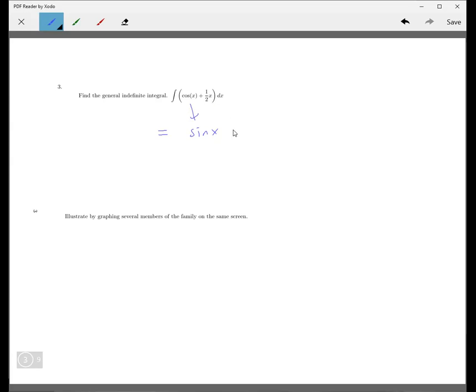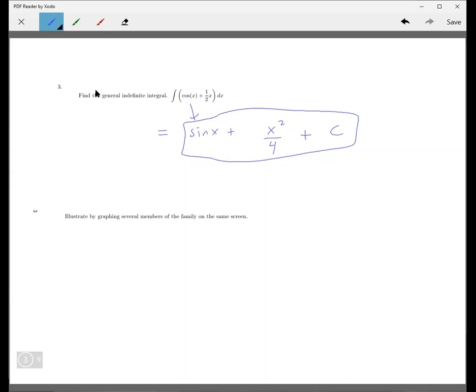And then here, you're going to have an x squared. If you take the derivative of x squared, you get 2x, but you want 1/2 x. So if you divide by 4, that should give it to you. And then put a constant on the end. So that would be the answer to the first part.